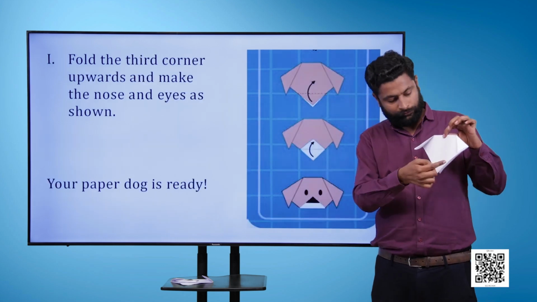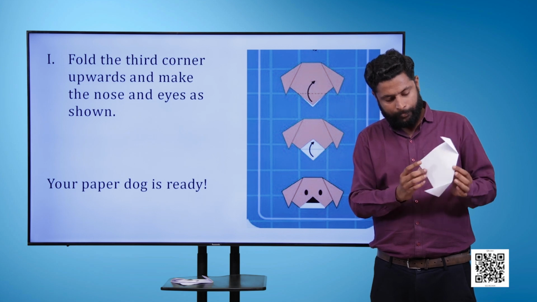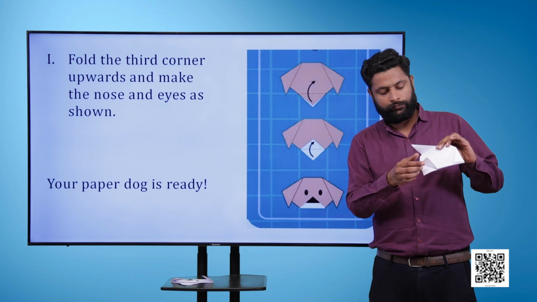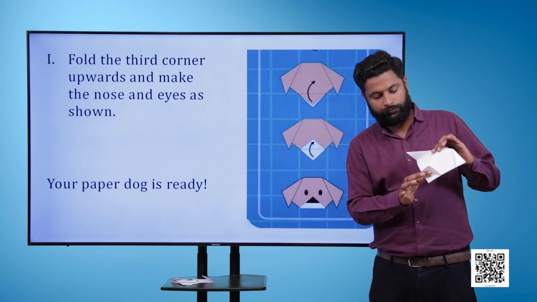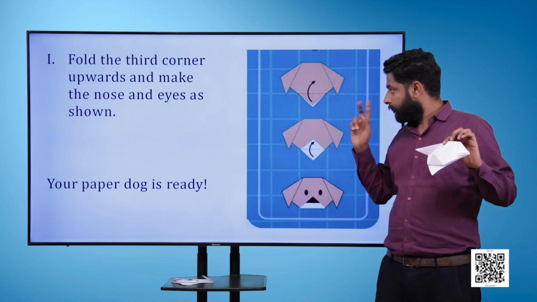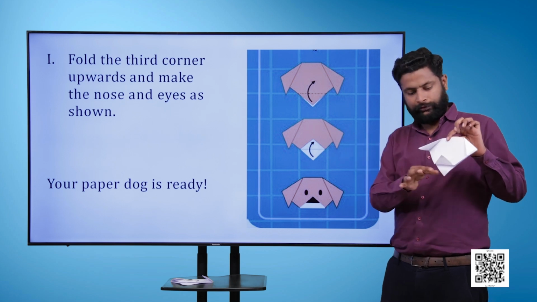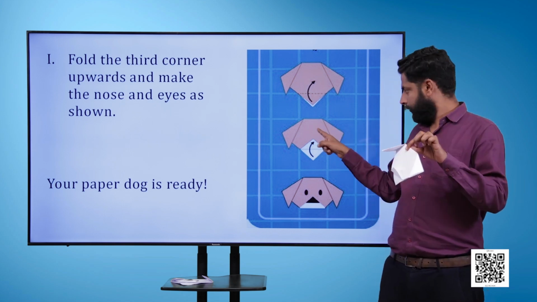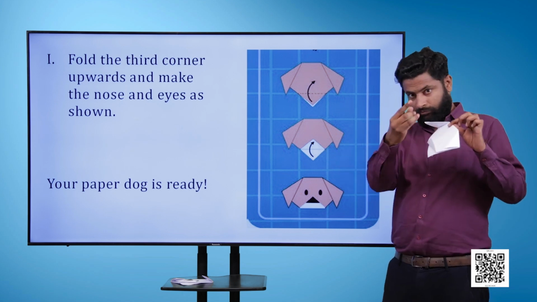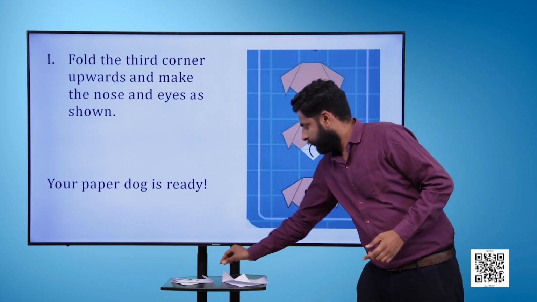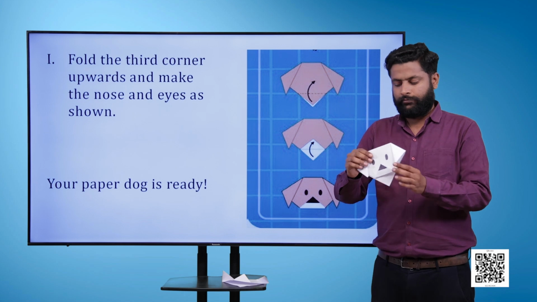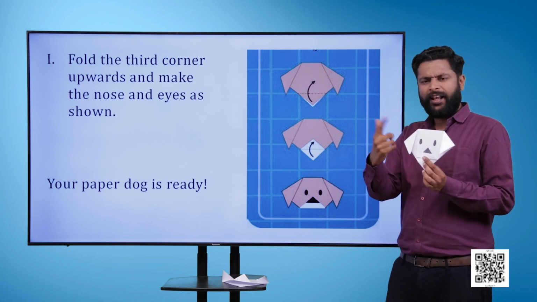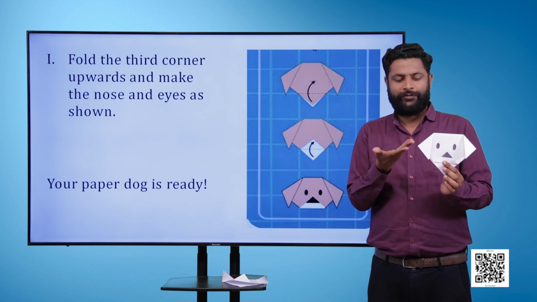I. Fold the third corner upwards and make the nose and eyes as shown. Your paper dog is ready.